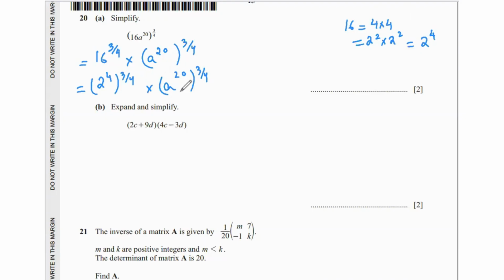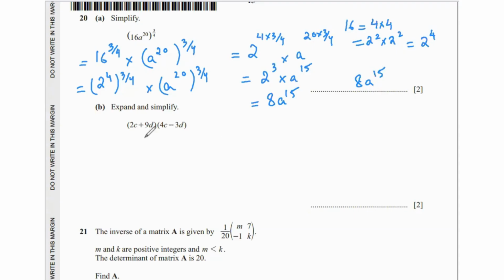Since we have a power inside the bracket and outside the bracket, we multiply the powers. So 2 to the power of 4 times 3 over 4, times a to the power of 20 times 3 over 4. That's going to be 2 to the power of 3 times a to the power of 15, because 20 divided by 4 is 5 and 5 times 3 is 15. So that's going to be 8 times a to the power of 15.